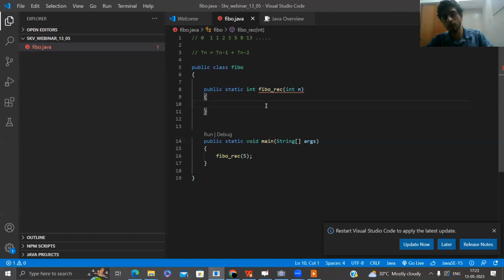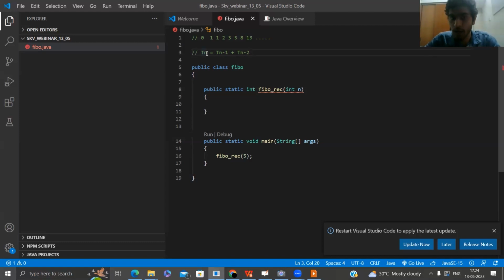Now, how are we gonna write the logic to do it, right? So basically, we are gonna be taking the help of recursion. Recursion is gonna come in and aid our process to find the nth Fibonacci number, right? So this is the common formulation to find the nth Fibonacci number. Tn is equal to Tn minus 1 plus Tn minus 2.